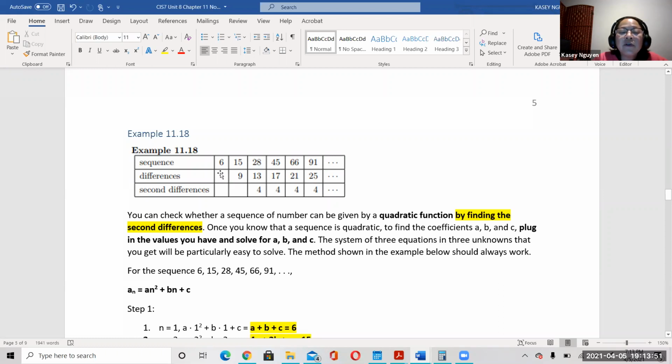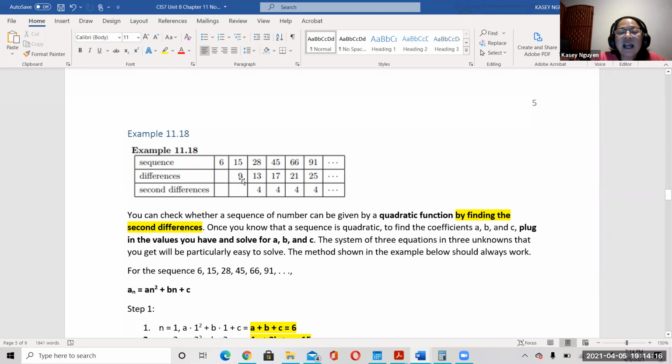Okay, so when you approach this, first you take the sequence and subtract the two consecutive terms to get the first level of difference. Then you take the first level of difference and subtract the consecutive terms to get the second level of difference.